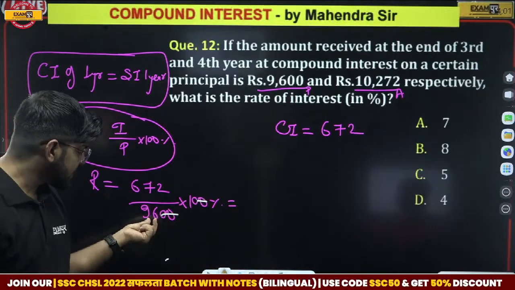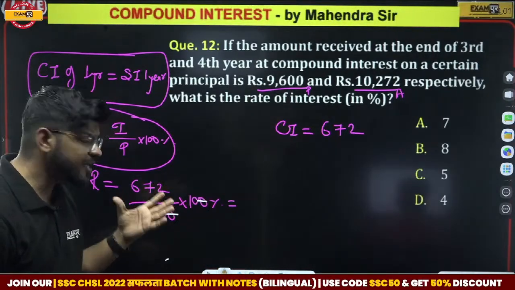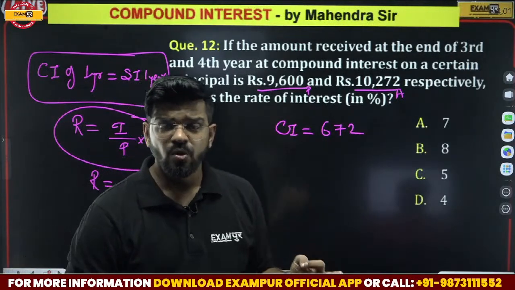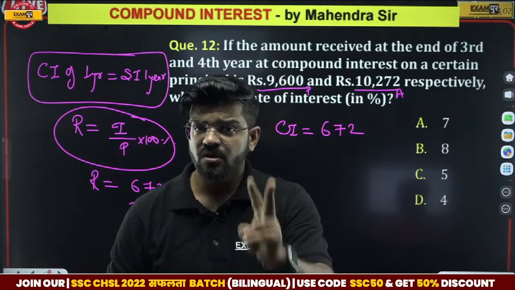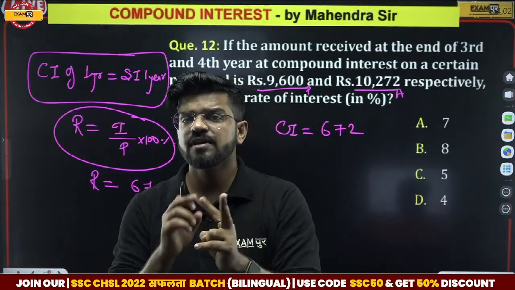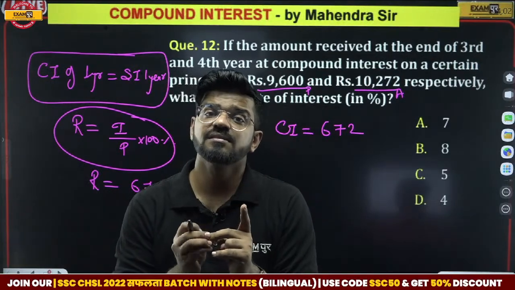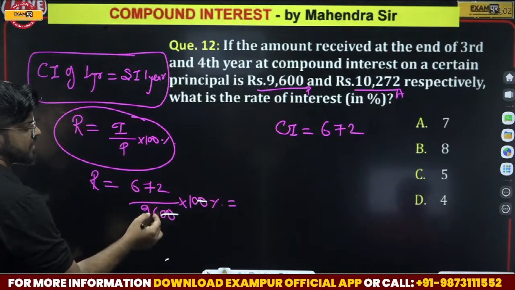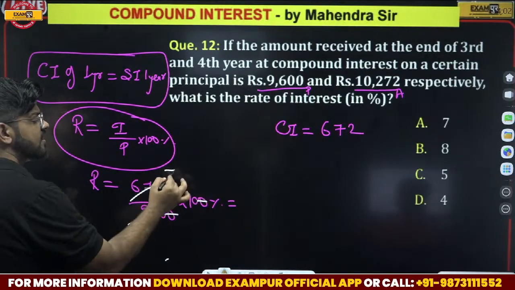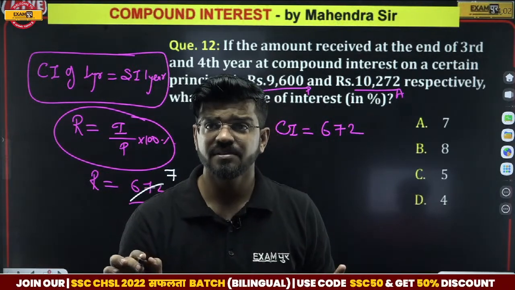So just take its unit digit and compare it with the unit digit of this. In the table of 6, the unit digit 2 comes at only 2 places. First is 2 times 6 is 12, and other is 7 times 6 is 42. Now 2 is not possible, so it will definitely be 7 times.